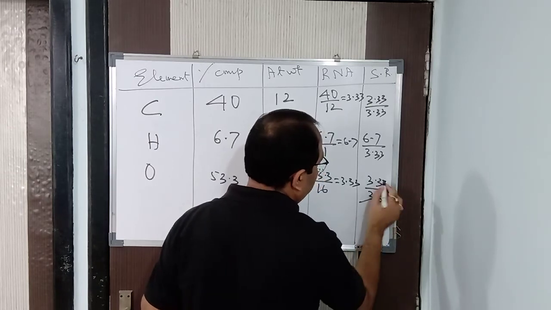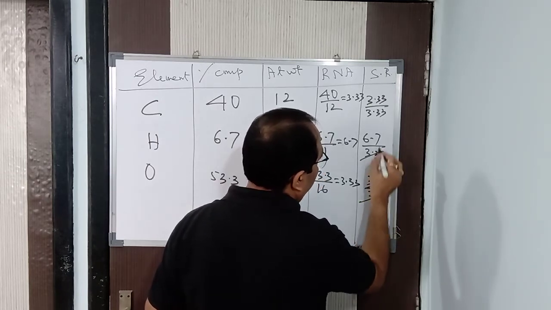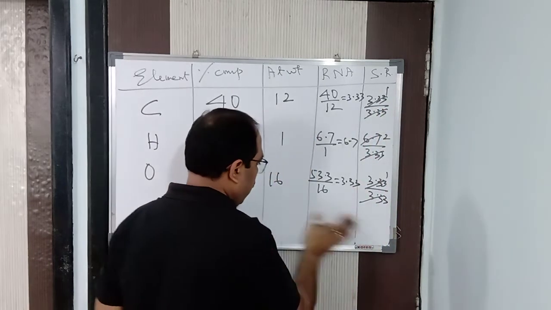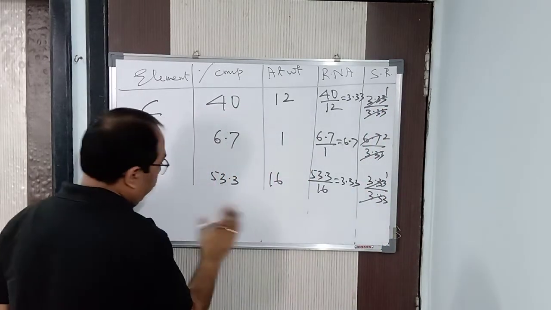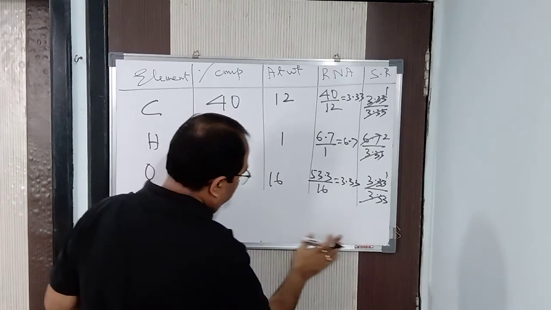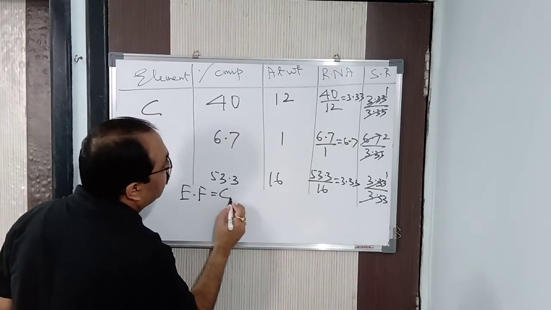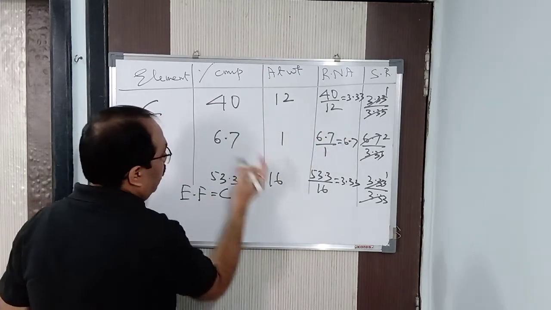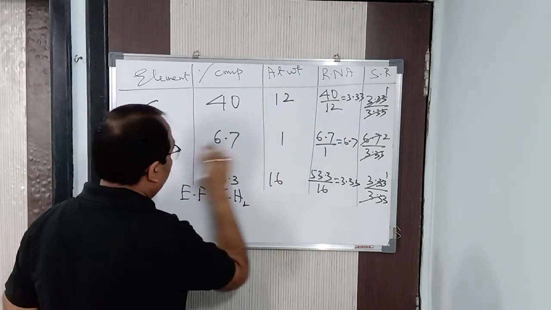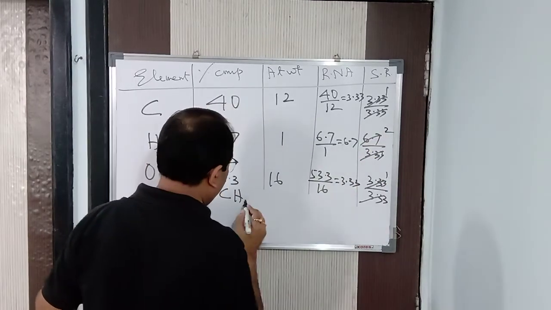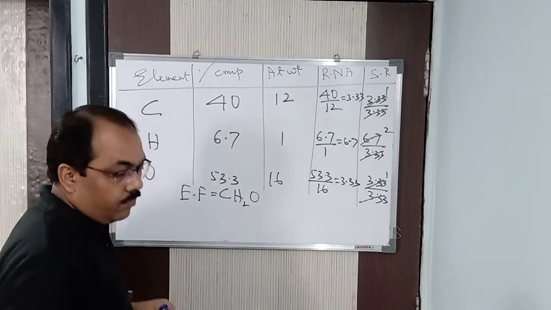So here it is 1, here it is almost 2, and this is 1. Almost 2, mind it. So the empirical formula is carbon 1, hydrogen 2, oxygen 1. The empirical formula is CH2O.